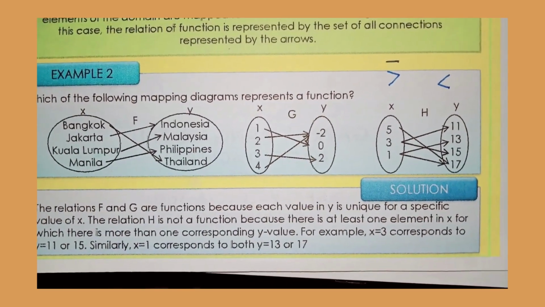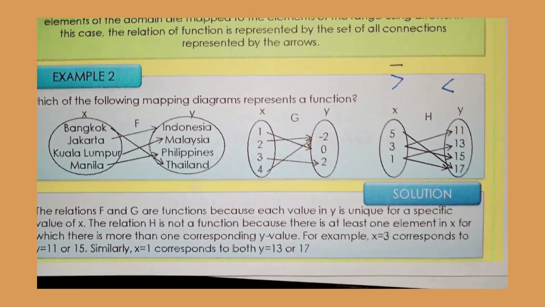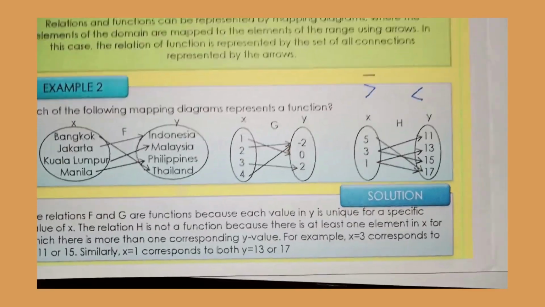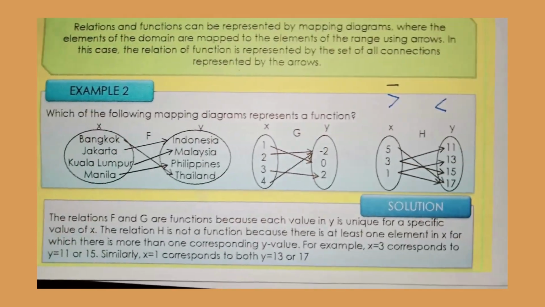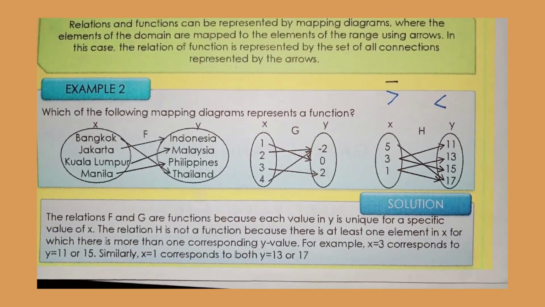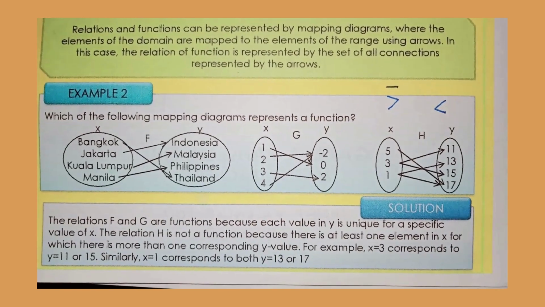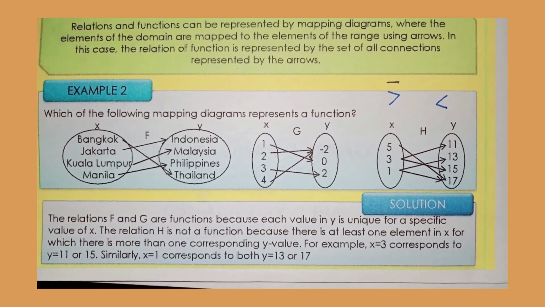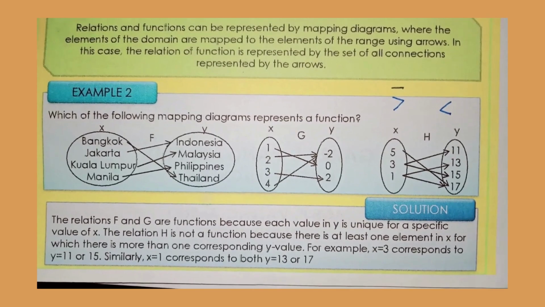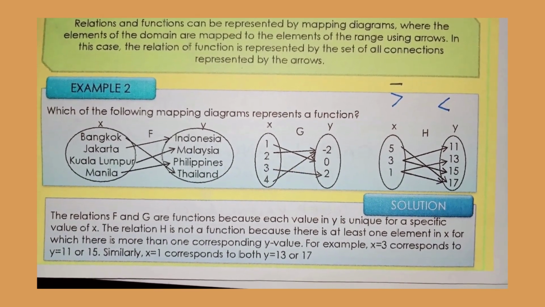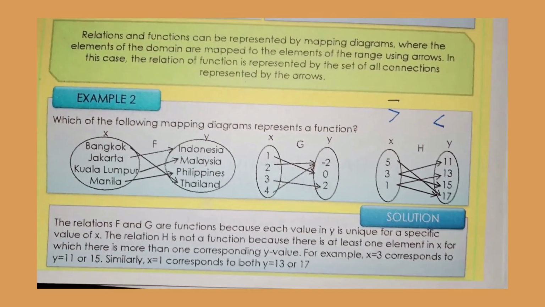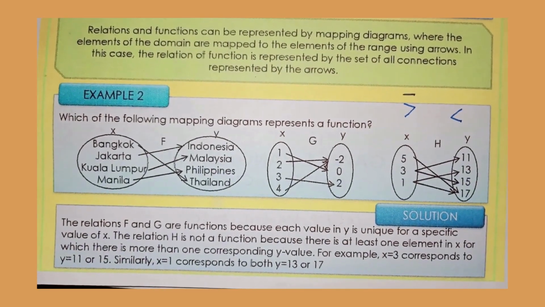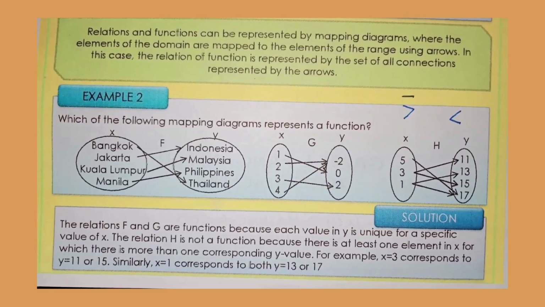First rule, dapat lahat ng domain or X ay may kapares. Ito. And the next rule, dapat yung x, isa lang yung kapares niya. Hindi pwedeng dalawa. So, meron tayong tinatawag na technique dito. Ito ay sikreto lang. Paano natin malalaman kung ito ay function or not?